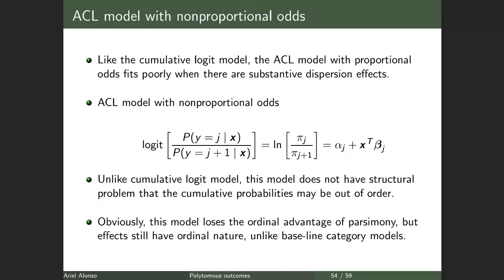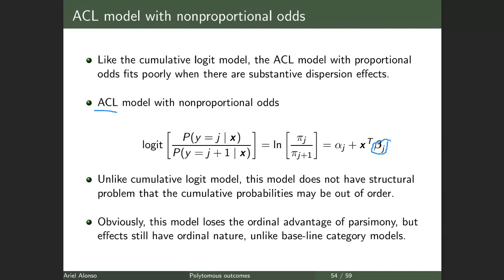Like the cumulative model, the ACL model assumes proportional odds. So we are still making that assumption here. You could consider an ACL model that doesn't assume proportional odds. You could consider that the betas vary with j, so that you don't have a single beta for all the j's, but the beta varies with j.